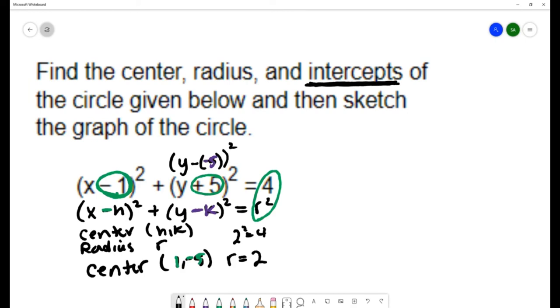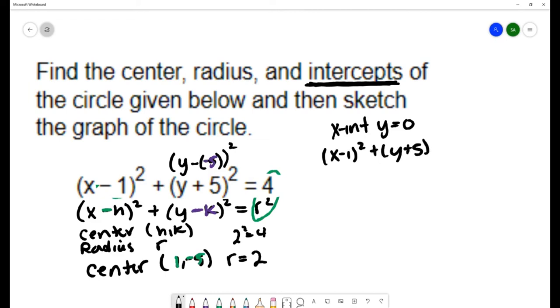So to find an x-intercept, we're going to let y equal 0 in our equation right here. So let's take this equation: (x - 1)² + (y + 5)² = 4, and we'll substitute a 0 in for y.